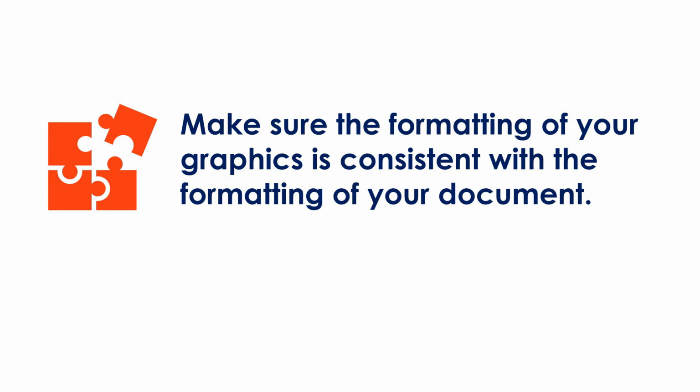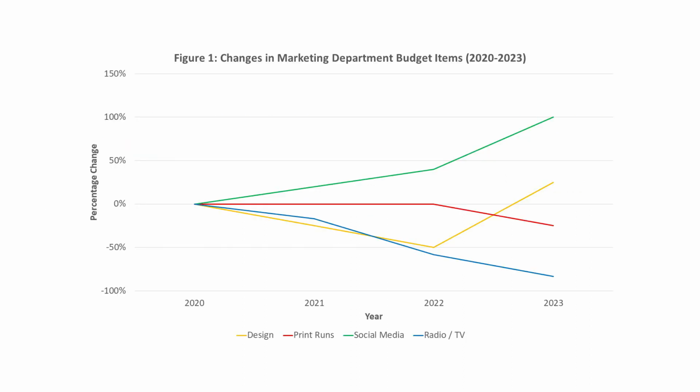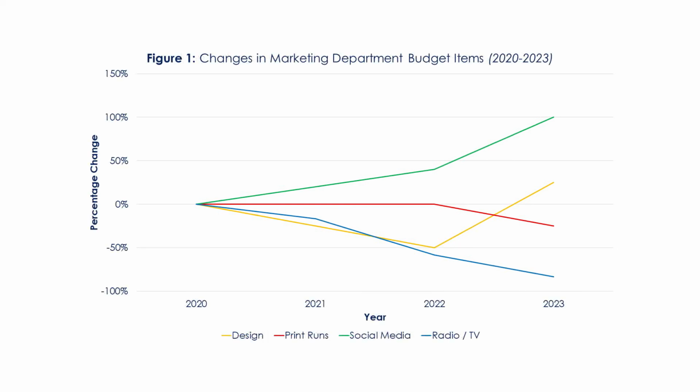Next tip, make sure the formatting of your graphics is consistent with the formatting of your document as a whole. So to go back to our example, previously the text on this message, we were using Calibri, whereas the text of the document as a whole was Century Gothic.